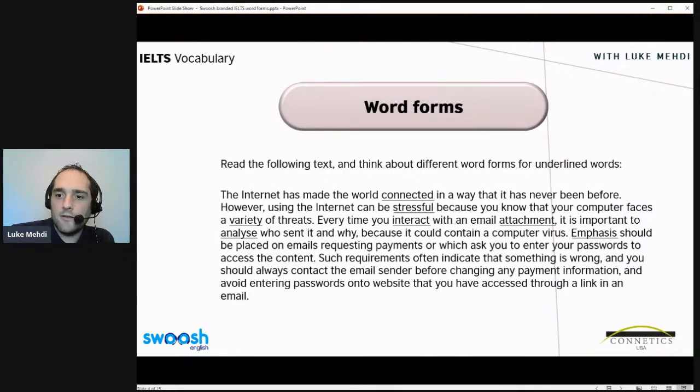You need to be really careful of this idea of fancy vocabulary, or difficult vocabulary. Students say, oh, I'm going to use lots of difficult words in my test. That is a terrible idea. If it's difficult, it's because you don't know how to use it properly. So be really careful.